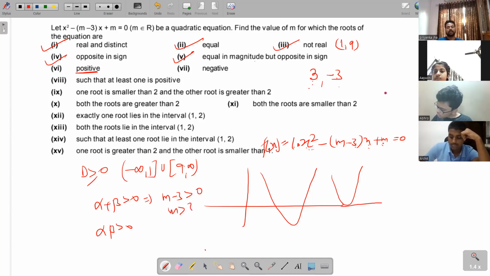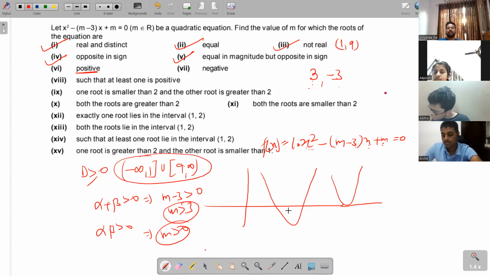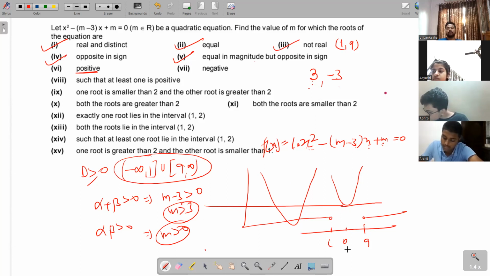So m has to be greater than 3. And the product of the roots is m by 1, so m has to be positive. So what is common to all three pieces of information? The first condition says this, the second says it has to be more than 0, and the third says it has to be more than 3. So the most common thing is 9 to infinity.